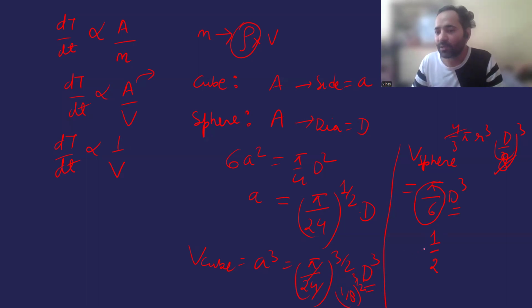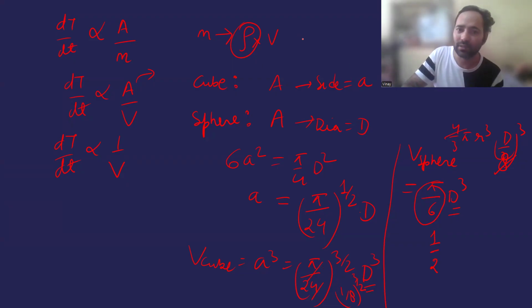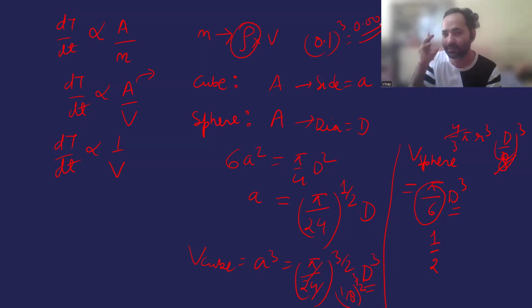One by 8 is much smaller than 1 by 2, and 1 by 8 also has the power 3 by 2. So when you square and cube a number smaller than one, it reduces, like 0.001. Keep these ideas in mind so that you can get to the answer very quickly. I'm not getting to the answer very quickly because I'm trying to explain. This video could be made in 1 or 2 minutes, but I'm trying to explain. Fine.